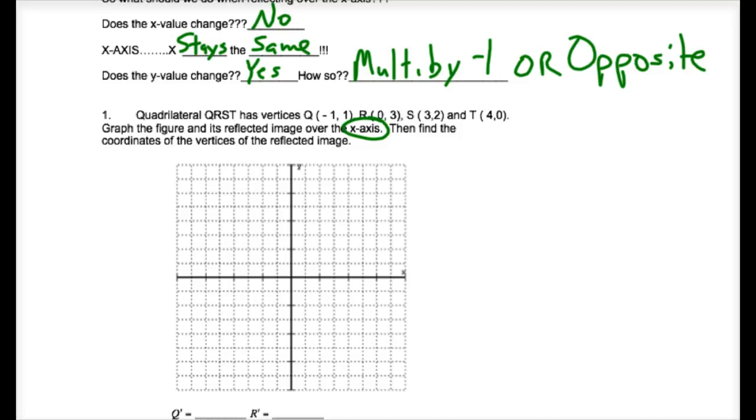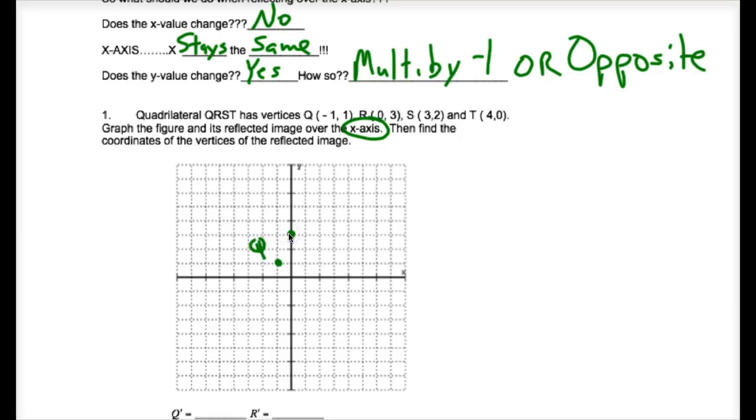So, we're going to reflect it over the x-axis. What I want you guys to do first is graph the original QRST if you've not done so already. Graph Q, R, S, and T. It'll be a four-sided figure. So -1, 1. There's Q. R is at 0, 3.